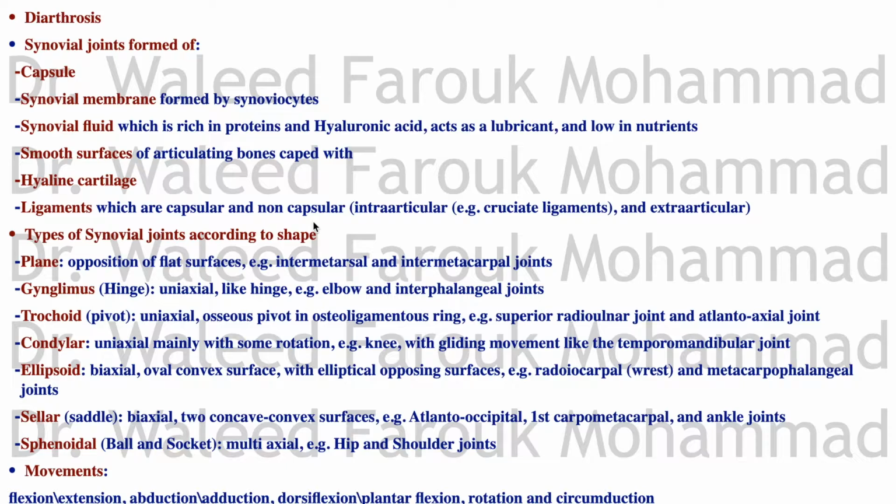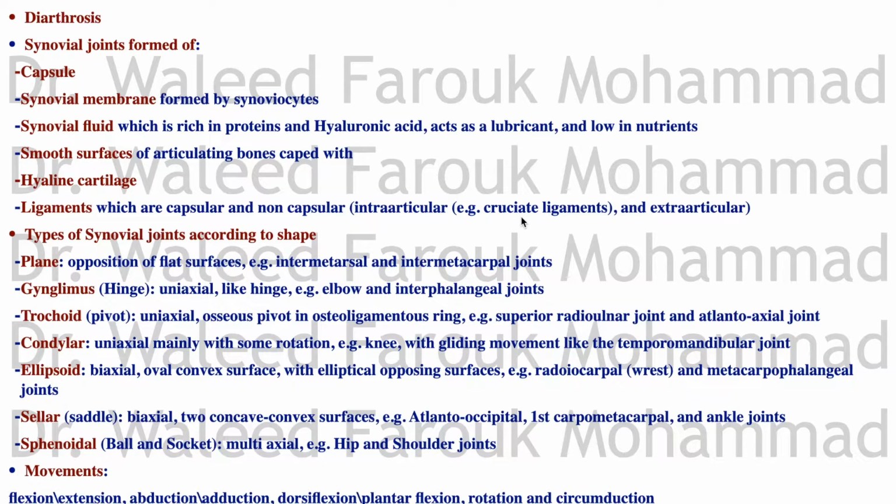I mean that they cannot be separated from the capsule unless you tear the capsule, of course. Non-capsular ligaments are separate ligaments, but according to their site they are classified into intra-articular and extra-articular. Intra-articular means inside the joint cavity, but please do not confuse this with intrasynovial. It's never intrasynovial, or it will be torn by the articulating surfaces.